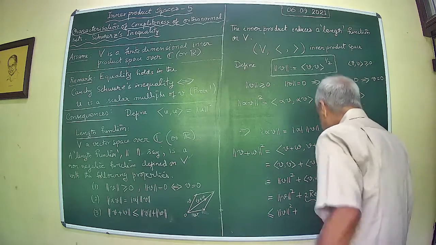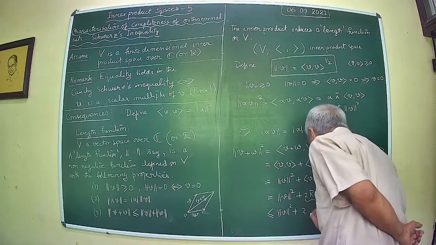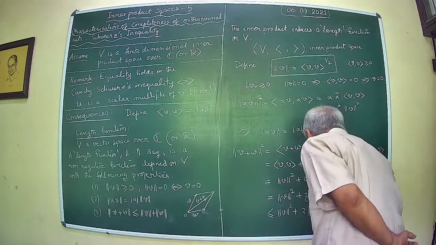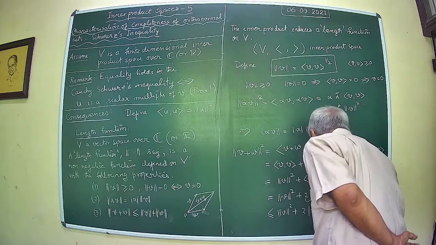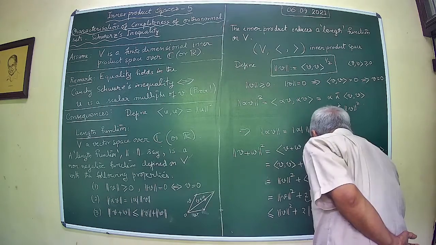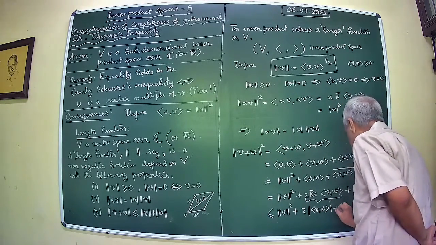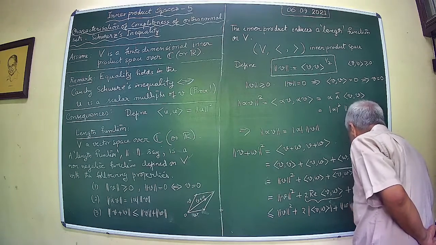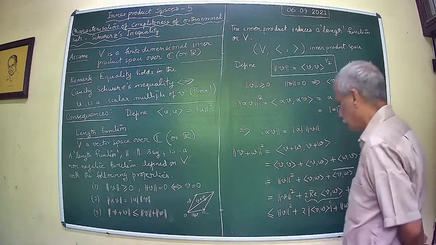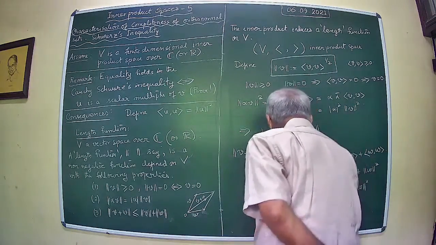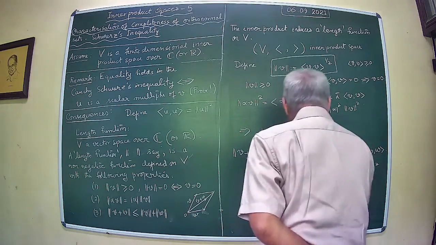So this is less than or equal to, and this is now we can apply Cauchy-Schwarz.